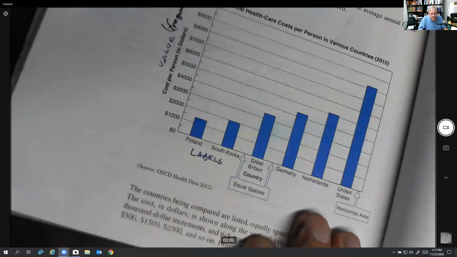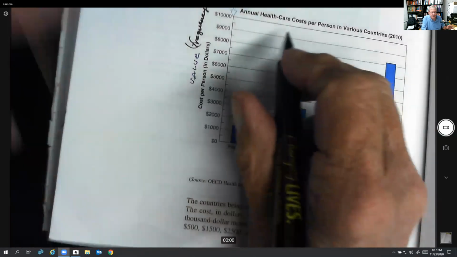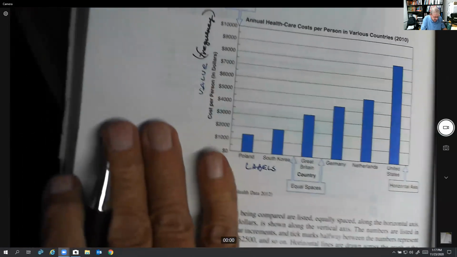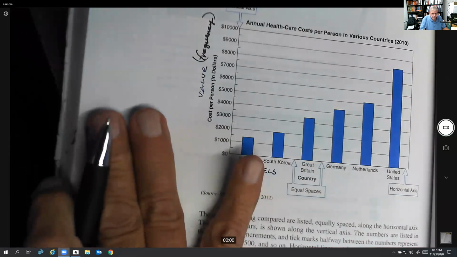Not great, but it's a little bit bigger. Let's see if we can interpret this graph. Germany, 2010. That's when the graph was. And sometimes they have a heading, see, various countries, 2010.